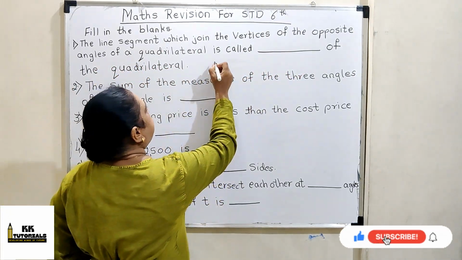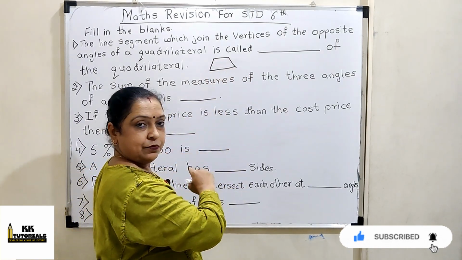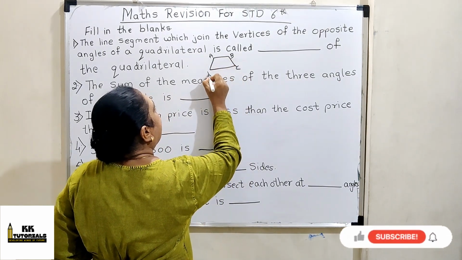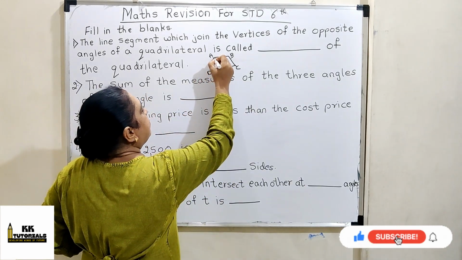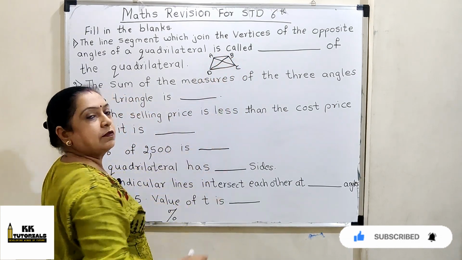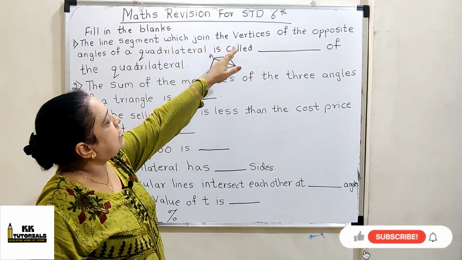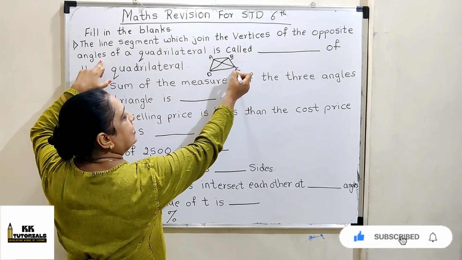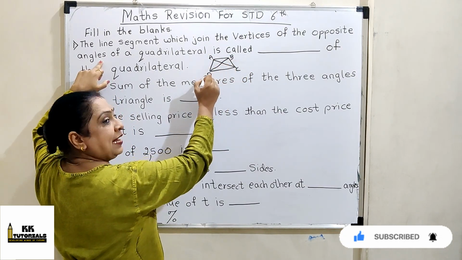I'll draw a quadrilateral, A, B, C and D. Understood what I have done? The line segment which joins the vertices of the opposite angles. Opposite angle means angle A and angle C. For angle A, angle C is opposite. For angle B, angle D is opposite.